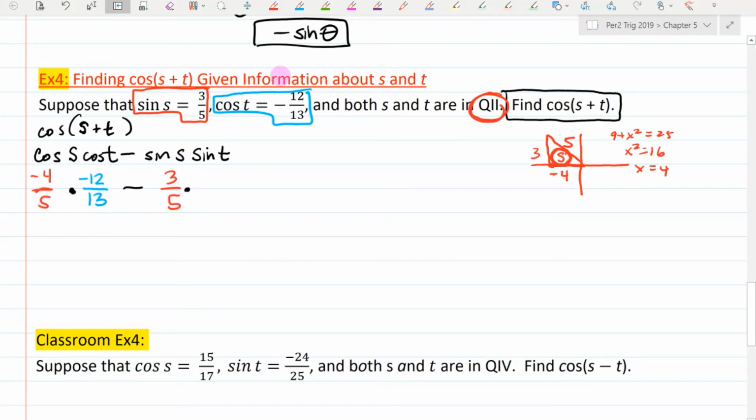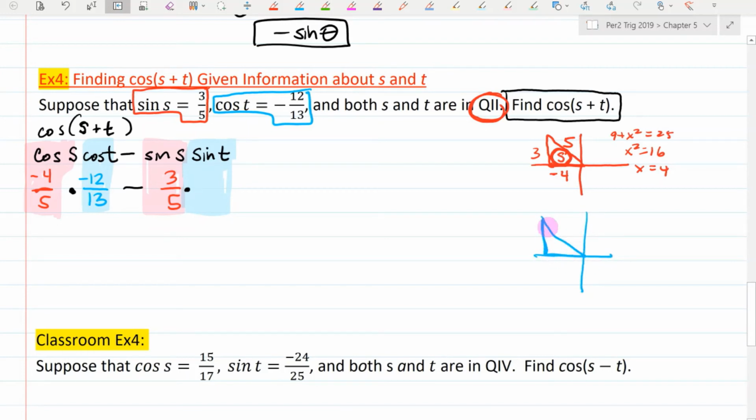And sine of S and cosine of S will always have the same denominator. Same thing goes for cosine of t and sine of t. They will also have the same denominator. Why? Because sine and cosine both have a denominator of either the hypotenuse or the radius, however you want to look at it. So, for cosine of t, it's also in quadrant 2.